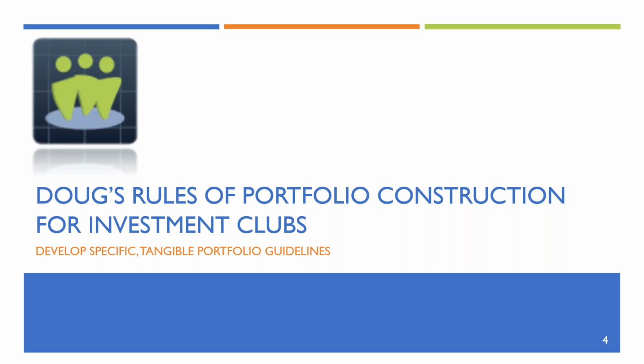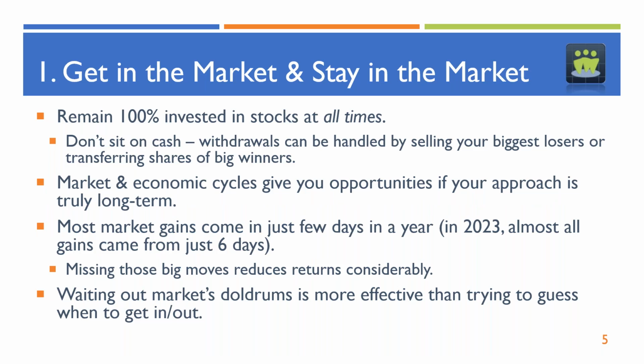Clubs that are merely collectors of stocks, as if it's some sort of tchotchke on a shelf, tend not to see the same performance results as clubs that have specific goals and are working towards those goals with respect to the portfolio construction. So rule number 1 is get in the market and stay in the market.